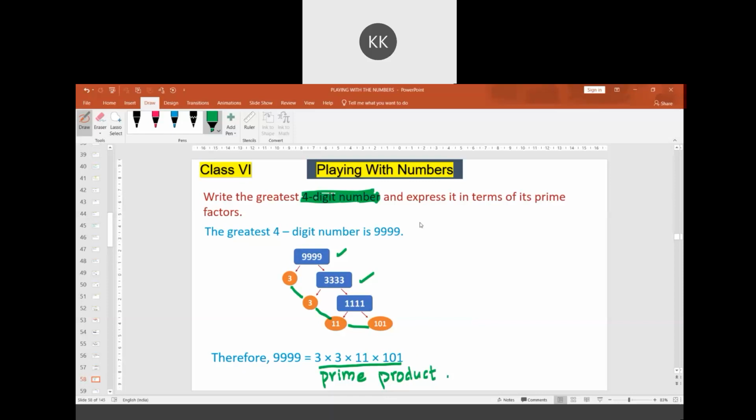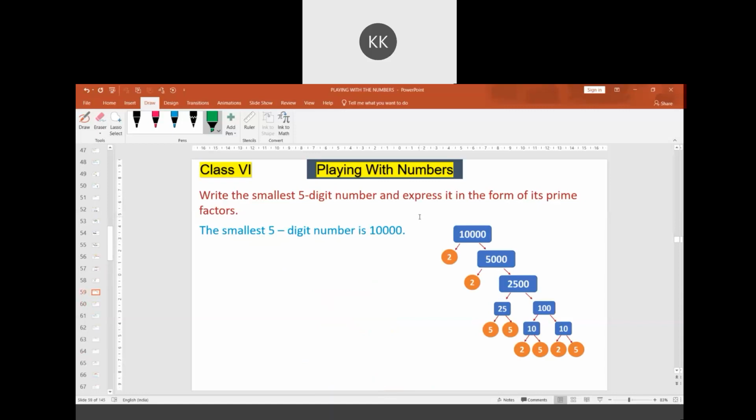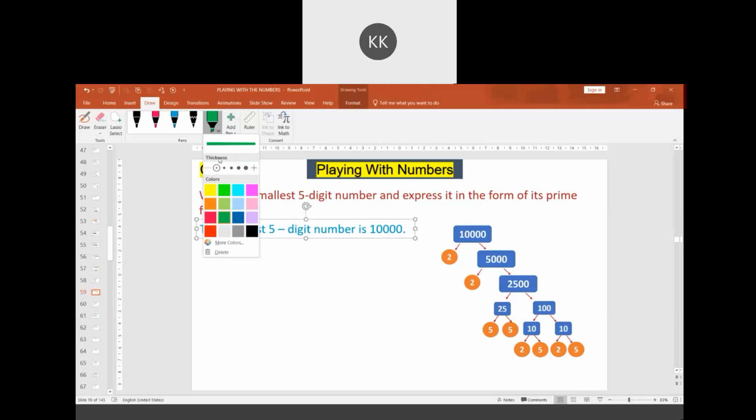We need to understand the prime product so that we can define HCF and LCM. Look at the smallest 5-digit number. The smallest 5-digit number here is 1000. Sorry, 10,000.